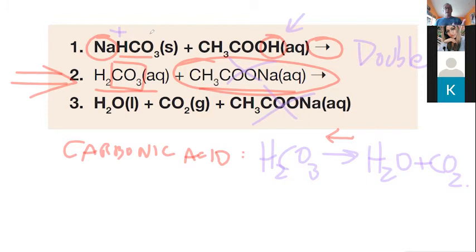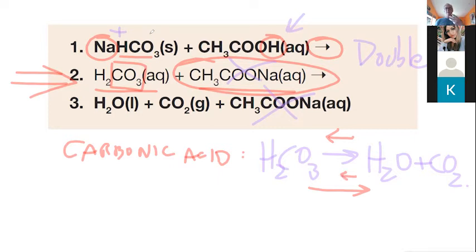So carbonic acid decomposes to form water and CO2, but water and CO2 also come together and form carbonic acid. The only difference is this reaction is much faster going in this direction than it is going in the reverse direction.